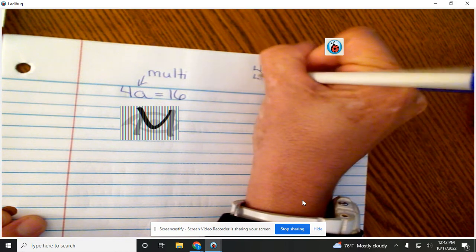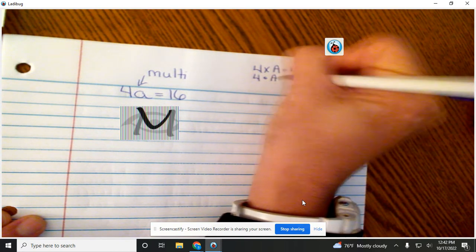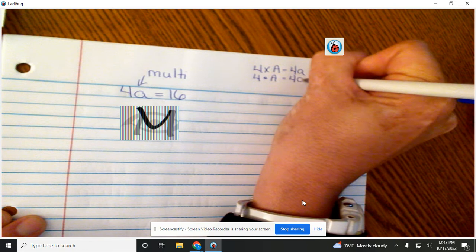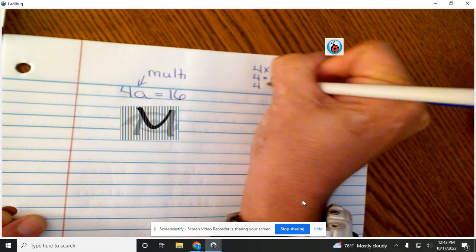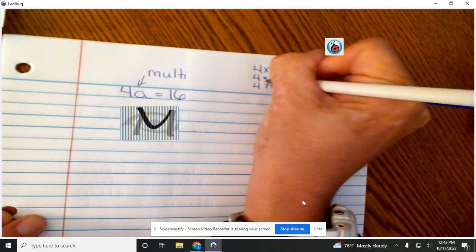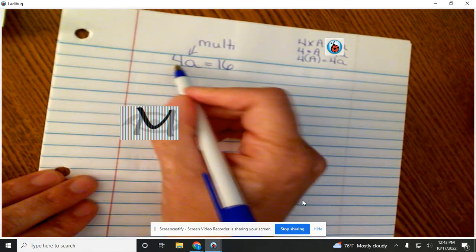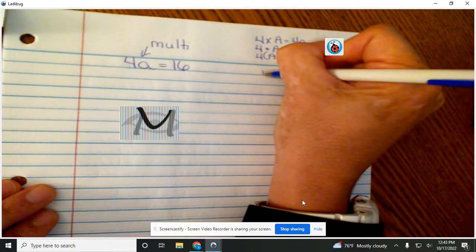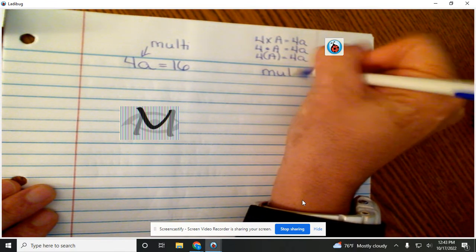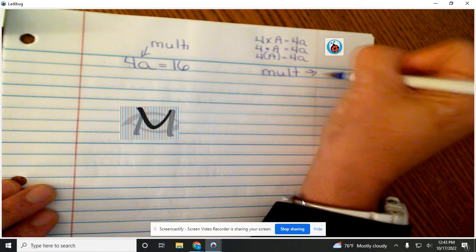If you were to see the dot, that still means that you're multiplying. Or if you were to see it side by side, that means that you're still multiplying. So the opposite, we talked about this before, the opposite of multiplication equals division.